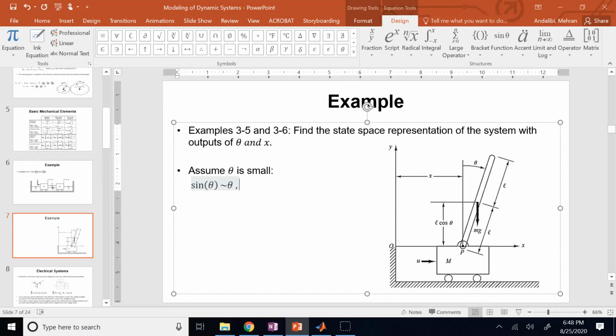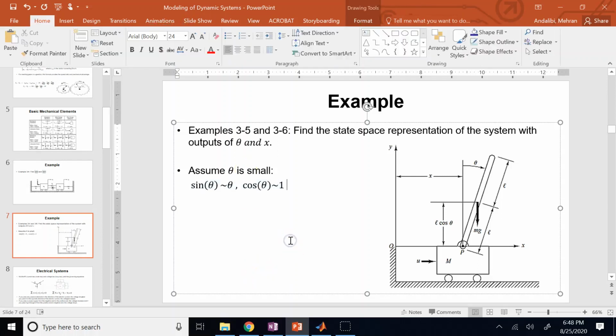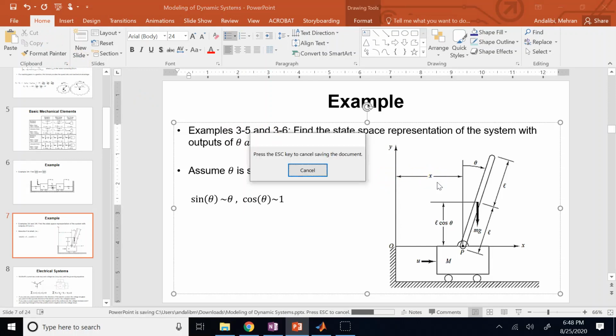And then cosine of theta is to be approximated by 1. Okay, so this is when they say assume theta is small, that's the meaning. Good, so let's go ahead and get this going.